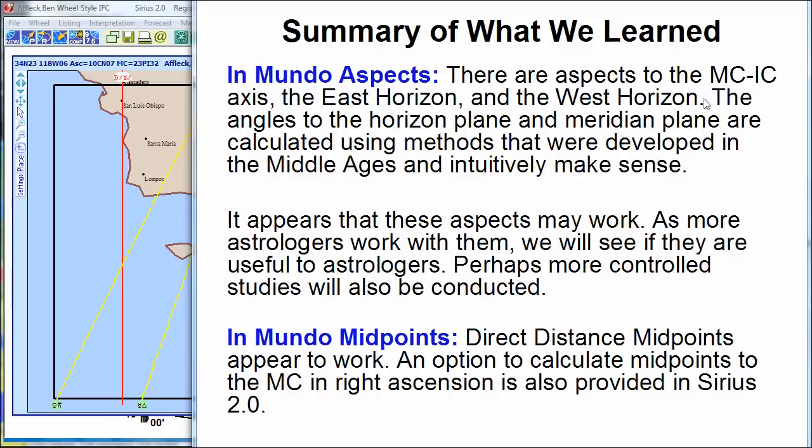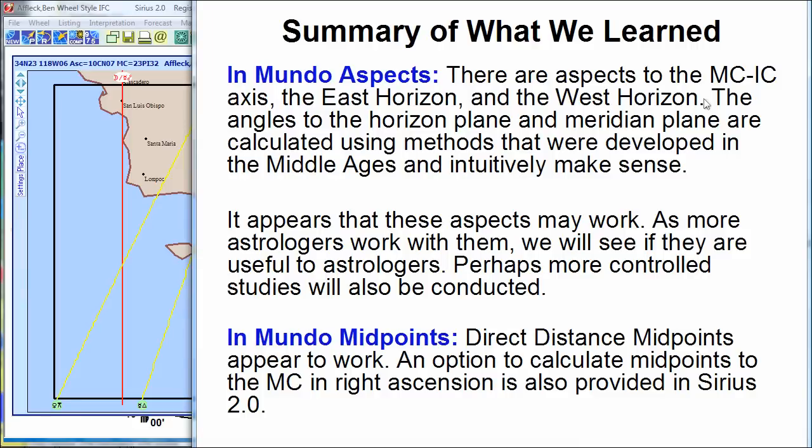What we have learned is, regarding in Mundo aspects, what do we know about in Mundo aspects? Number one, there are aspects to the midheaven IC axis, to the east horizon and the west horizon in Mundo. Right? So just to go over all this.